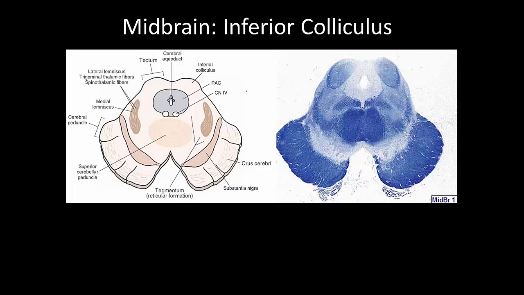Okay, so in this section, the inferior colliculi are lying in the posterior portion of the midbrain. And in the very anterior portion, we have these large bulges that are referred to as the crus cerebri. And these crus cerebri contain descending corticospinal fibers, as well as some descending fibers that are traveling to pontine nuclei and some of the various cranial nerve nuclei as well.